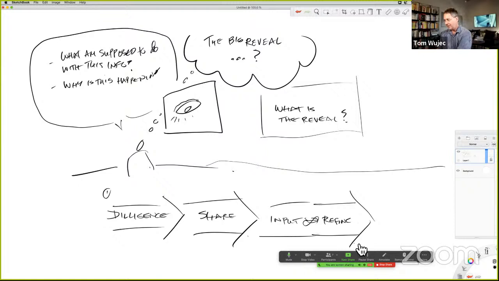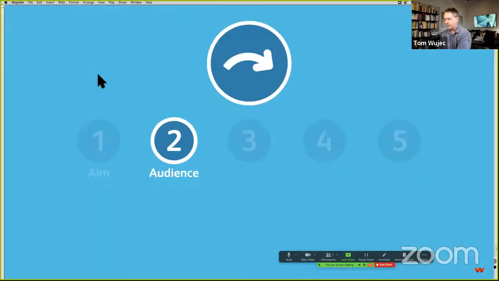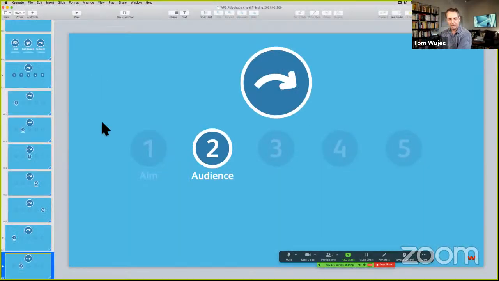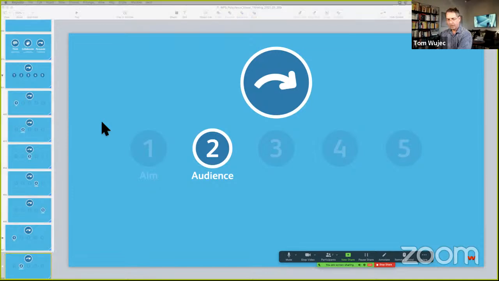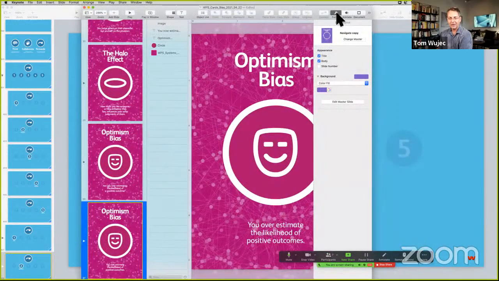In fact, we've even, where is it? Here. Have been incorporating a set of bias tools. I'm not sure if I showed this last time.